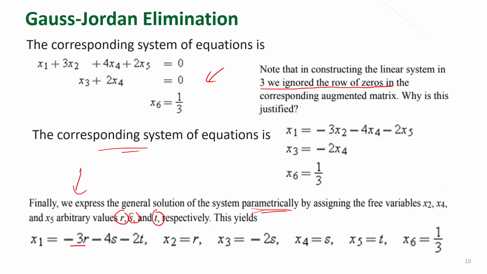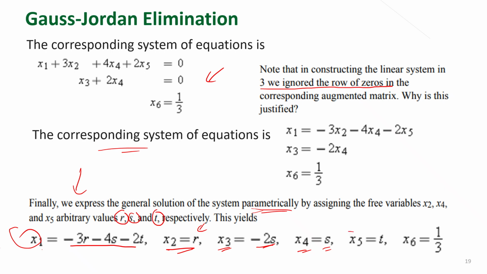So you can have x1 equal to -3r - 4s - 2t. So later when you plug in the values of x2, x3, and then x4, you can get the value of x1.